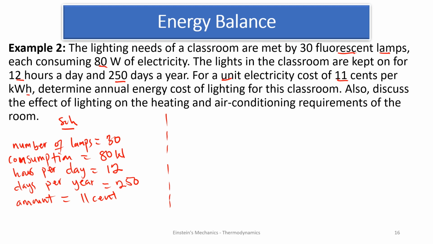So now, if I have 30 lamps, each consuming 80 watts of electricity, then let's find the total consumption for the lamps. So total consumption, that will be 80 times 30, and that is giving me what?